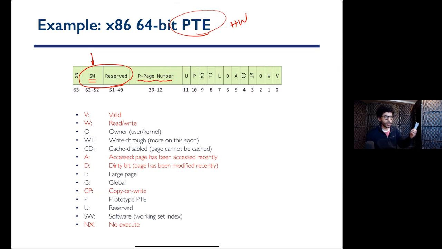But yes, to go back to the question you asked, with regard to page tables, if what you mean is the hardware page table, it only has the page table number. And if this page has been moved to the disk, then this valid bit is 0. So it's invalid. Now, when this happens, the hardware will notice that this page is invalid, and it will raise an exception. Now we're going to go to software. We're going to invoke the kernel handler. Now, the kernel probably internally keeps track of where this page is.